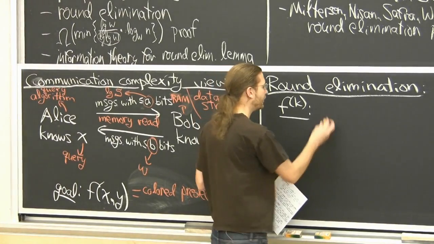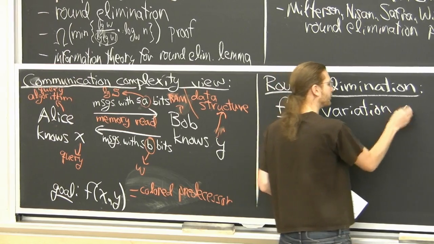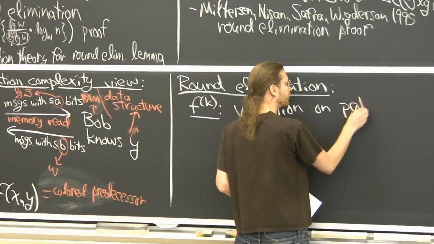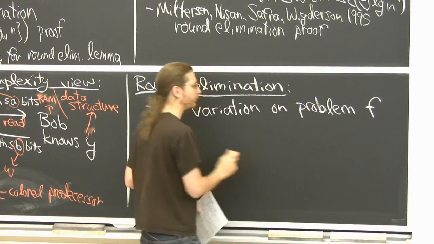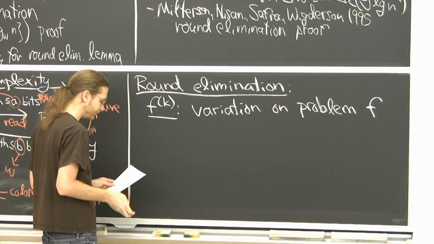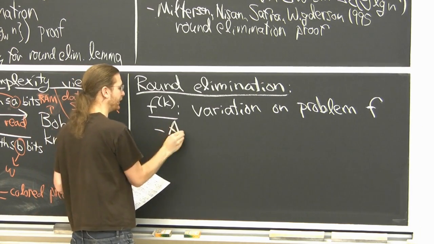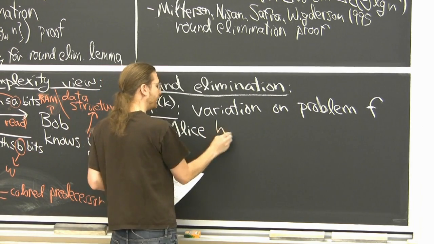Imagine this weird variation on whatever problem you're starting with. So we have some problem f, which happens to be colored predecessor. We're going to make a new version of that problem called f to the k. And here is the setup. It's going to be a little different from this. It kind of fits the same framework.